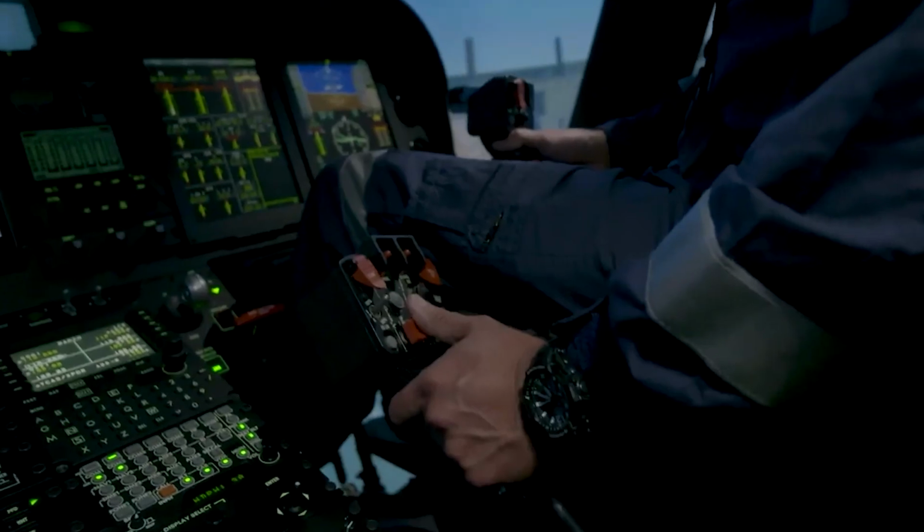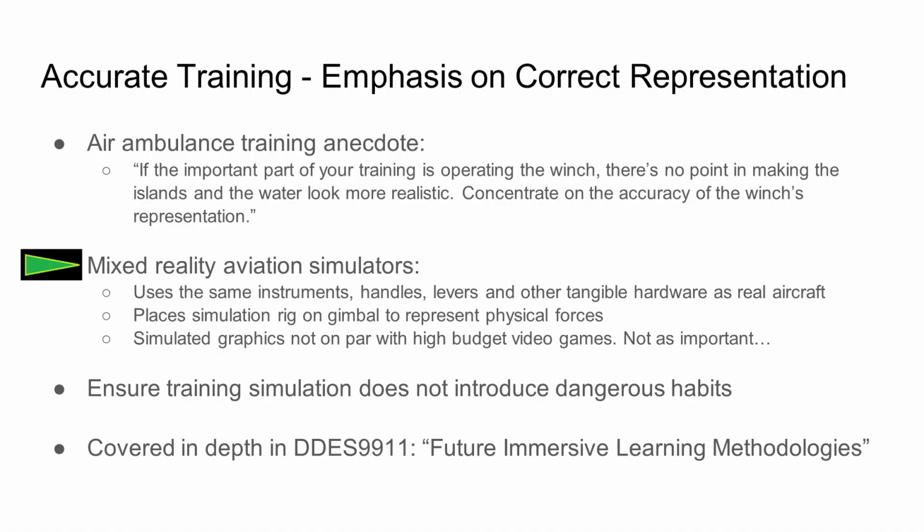That's the lever that controls the height of the helicopter, whether it goes up and down. It's just something as simple as making sure it's on the right side of the pilot. It is actually really important. You'd think it's something simple and stupid, but in emergency situations, muscle memory is a real thing, and that's what you're trying to develop in the simulator.